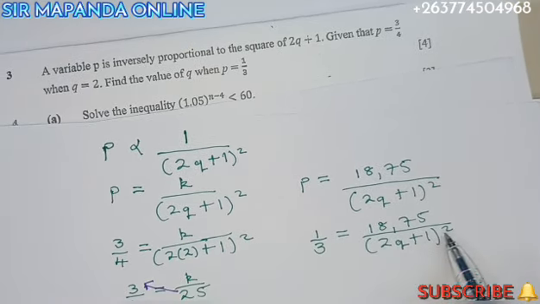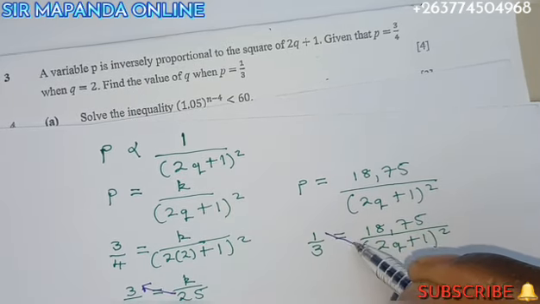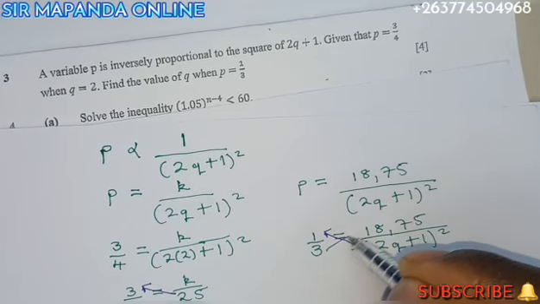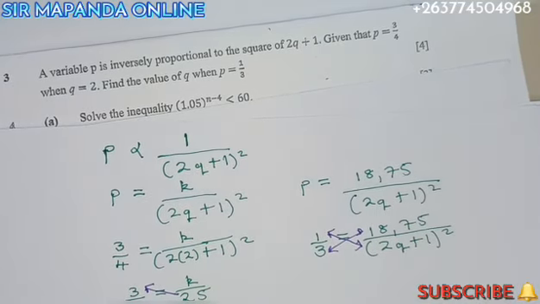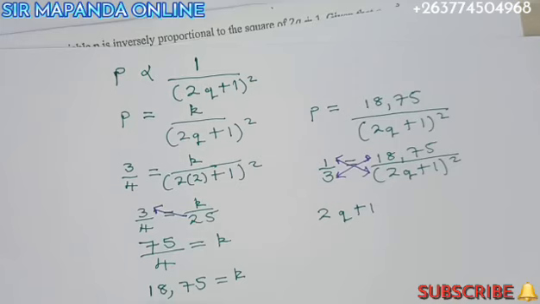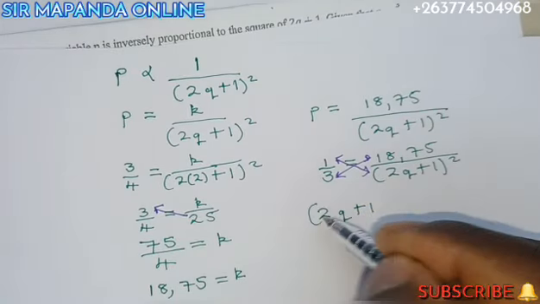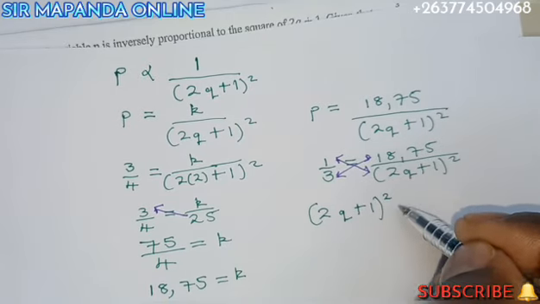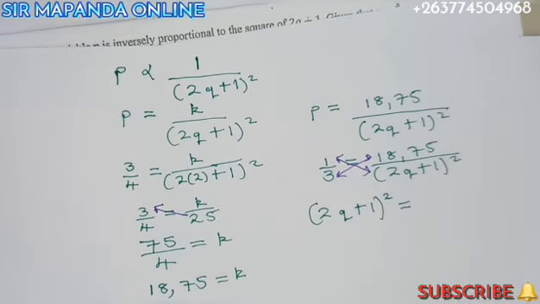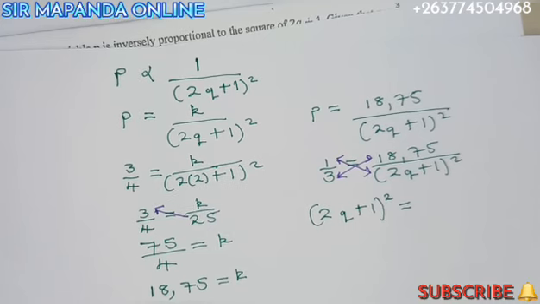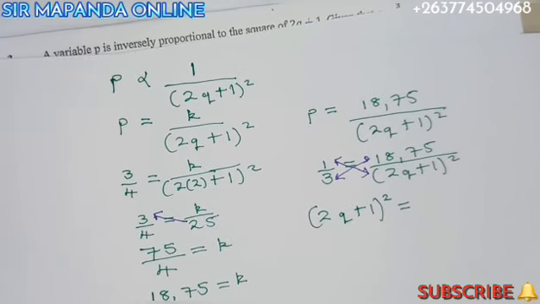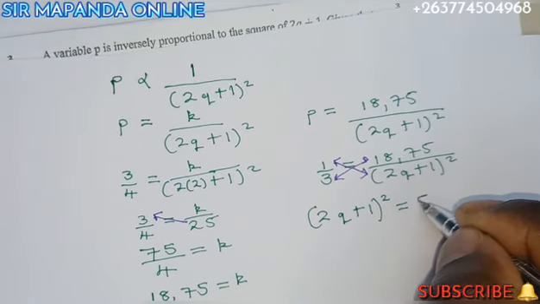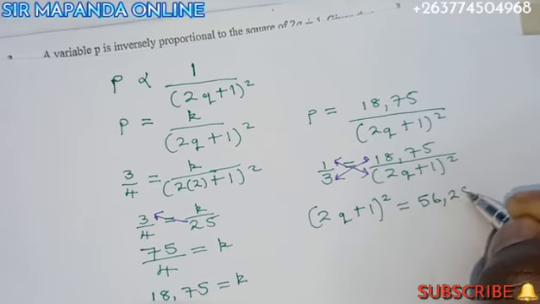So 2Q plus 1 squared is going to multiply 1. Then 3 is going to multiply 18,75. Right? So 2Q plus 1 squared, you get 2Q plus 1 squared. Then 18,75 times 3 gives you 56,25. So you write 56,25.